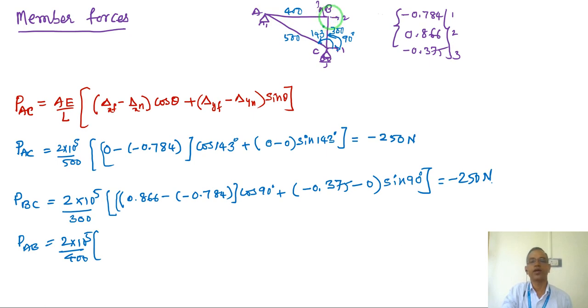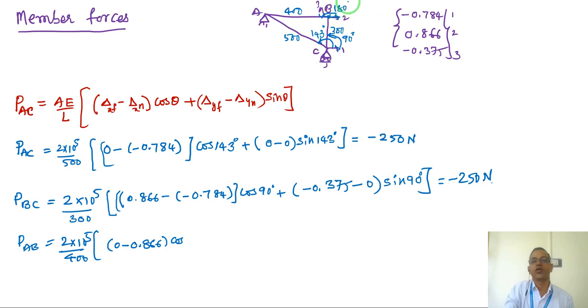So far end is 0 displacement. Okay, 0 minus near end horizontal displacement 2, which is 0.866, into cos, what is the angle of this member from the positive x-axis at the near end, 180, right?